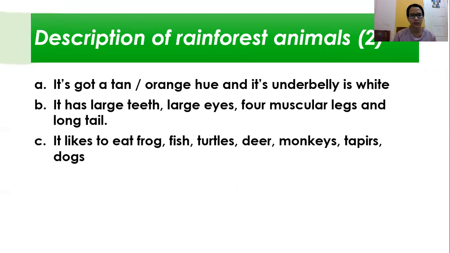And the last one, it likes to eat frog, fish, turtles, deer, monkeys, tapirs, dogs. What do you think? And the diet is like this. It must be a strong animal, right? Yes, jaguar.